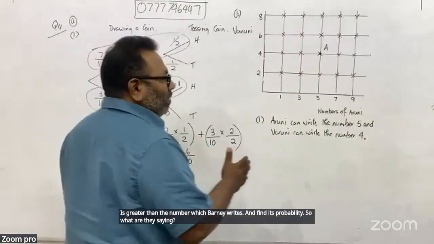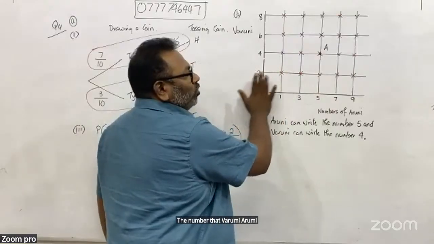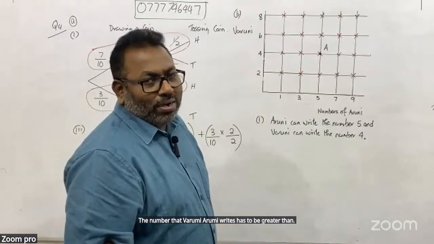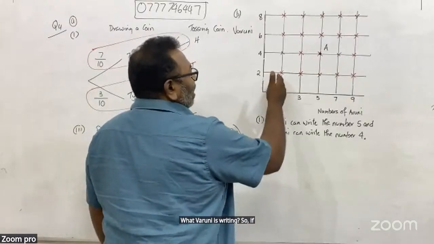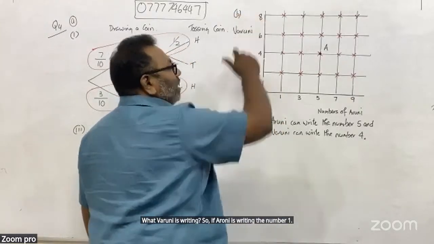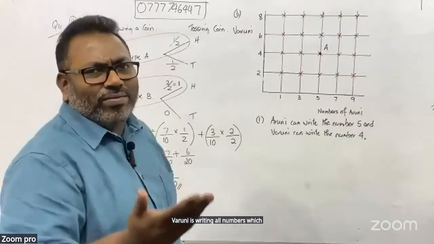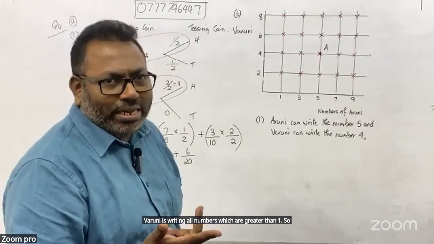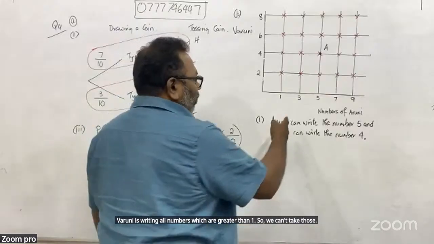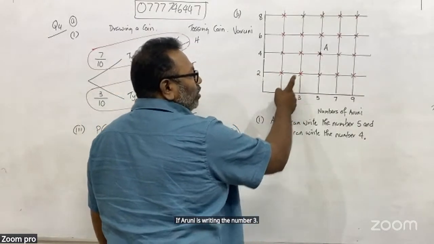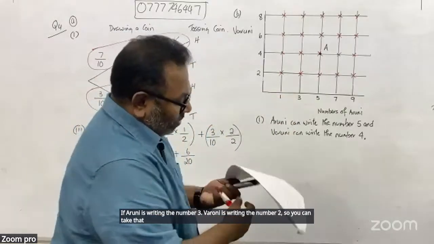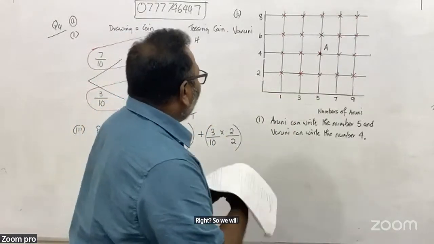The number that Aruni writes has to be greater than what Varuni is writing. So if Aruni is writing the number 1, Varuni is writing all numbers which are greater than 1, so we can't take those. If Aruni is writing the number 3, Varuni is writing the number 2, so you can take that. Right? So we will circle all of those.